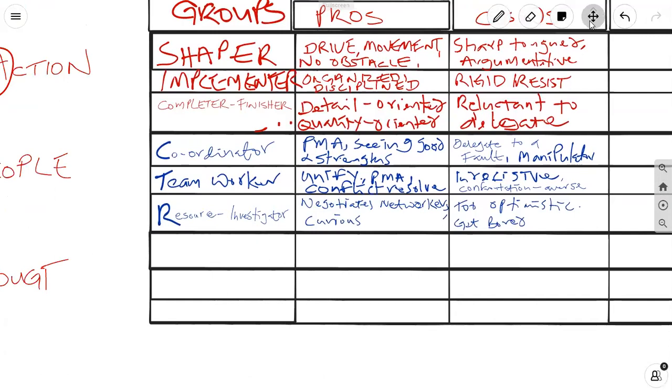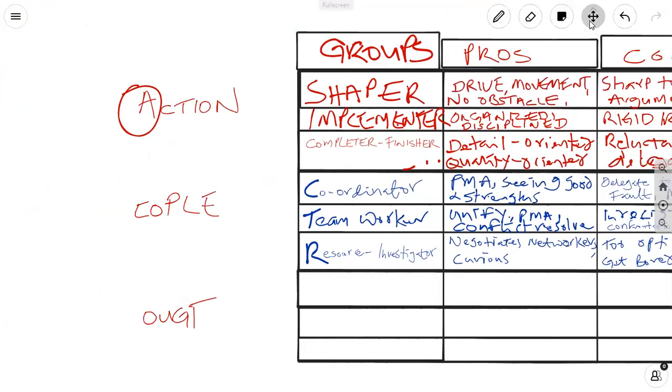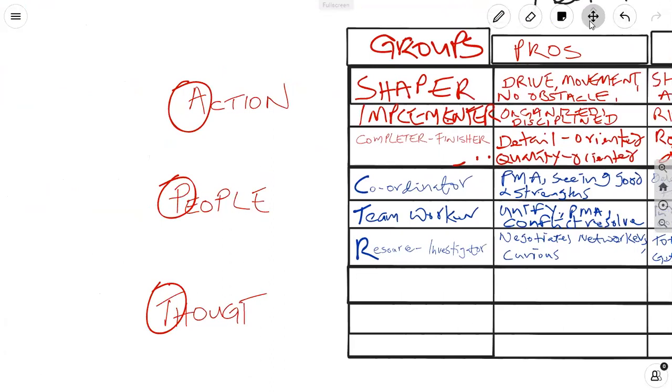Okay, so far we've talked about the action and the people-oriented roles. Let's talk about the final role group here, and that is thought-oriented roles. Now, the first group here, sick. Second group, CTO.